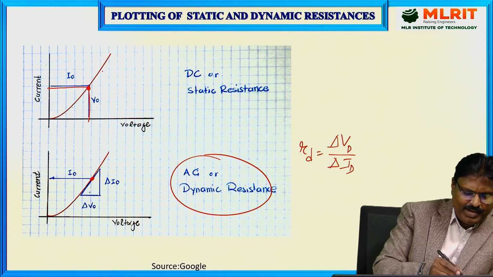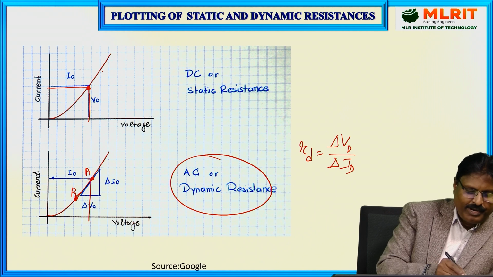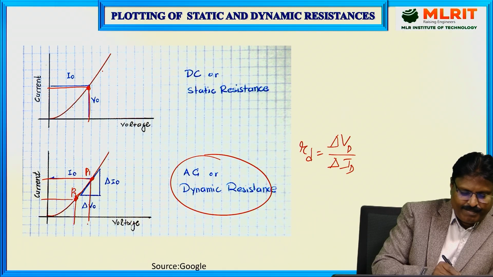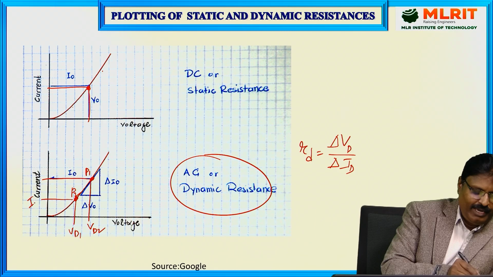A simple manner is, suppose this is the curve given, and let us take one more point. This is P1 and this is P2. Let us take the corresponding coordinates. This is VD2 and this is VD1, and this is ID1 and this is ID2.